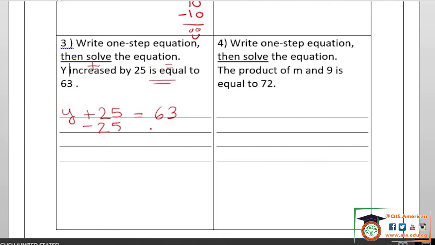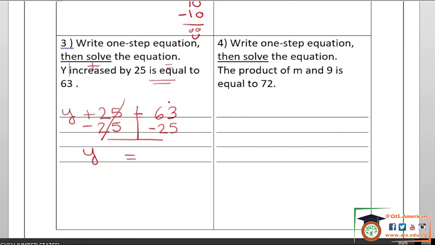I will subtract 25 from both sides. Y is staying alone to be safe also from this corona thing. So we're going to cancel the 25 with the 25 because 25 minus 25 equals 0. So what's left here? Y.